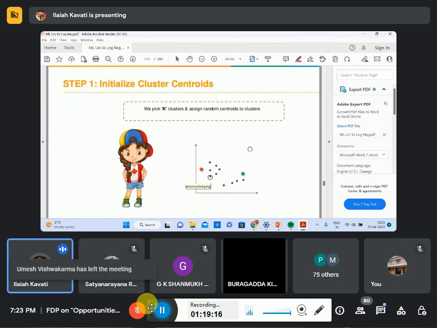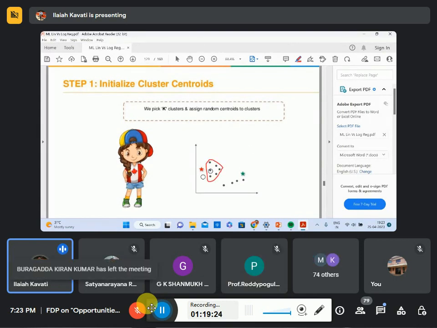Each point has a coordinate position, x comma y, right? As we can see, these data points are closer to this cluster, and this data point is closer to the green star compared to the red star. So all these 4 data points will be closer to the green star.